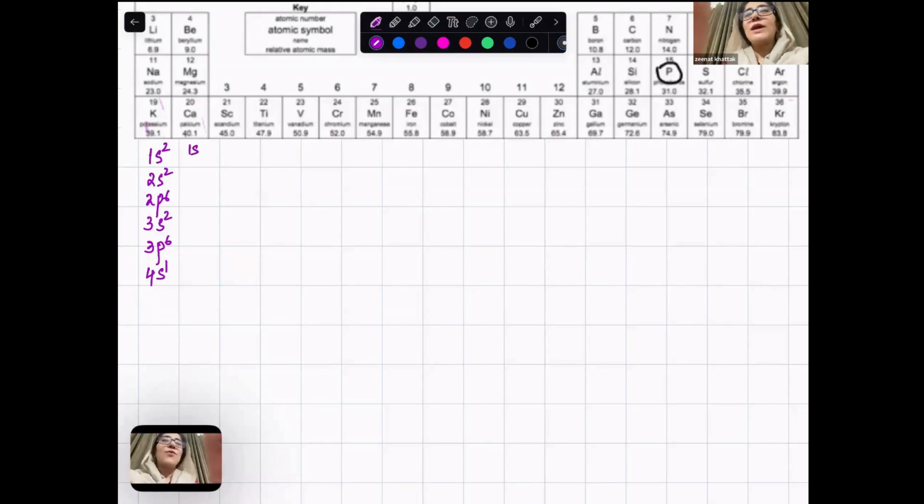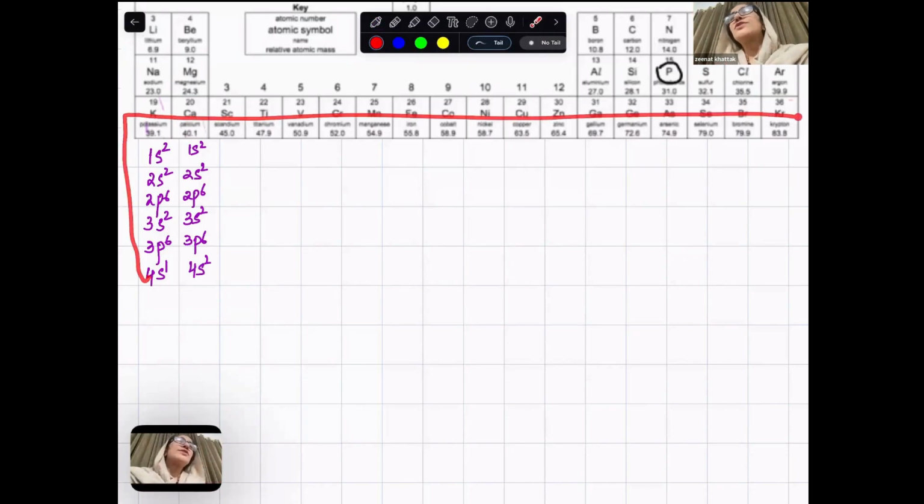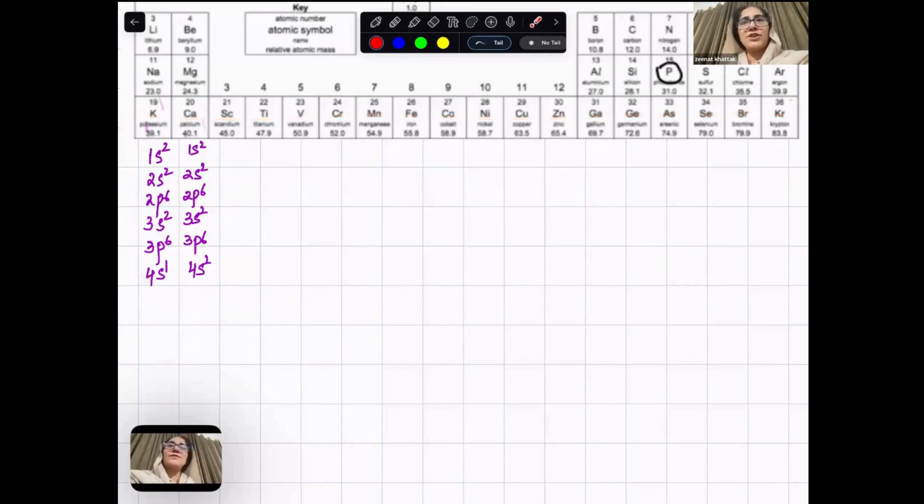Calcium: 1s2, 2s2, 2p6, 3s2, 3p6, 18, 19, 20. Look, the fourth period is in the process of completion. You can say the electrons are entering into the fourth quantum shell. Fourth period, fourth quantum shell. This is 4s1, and this is 4s2. Right?